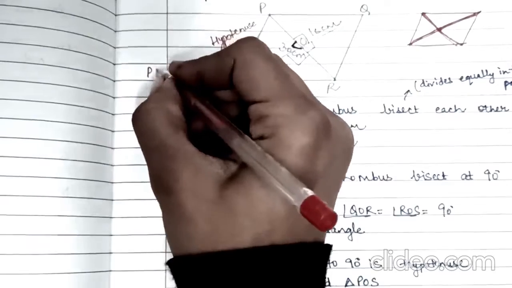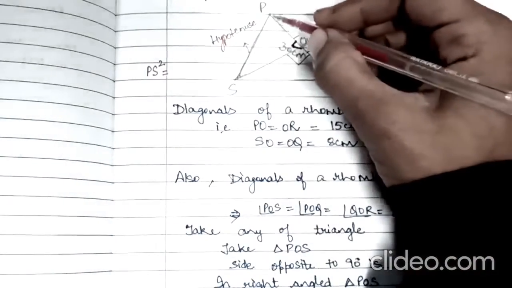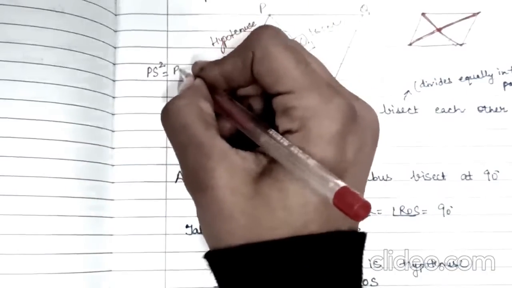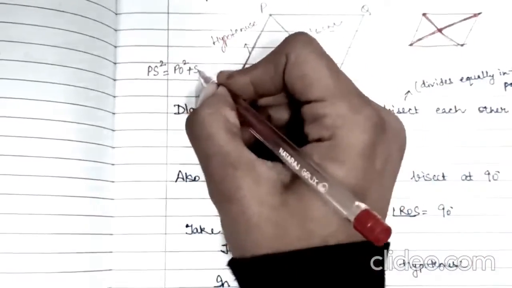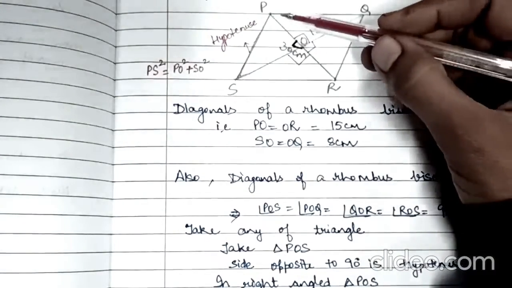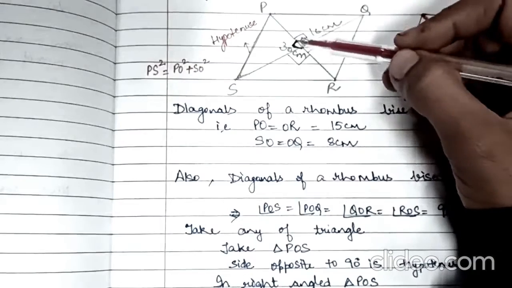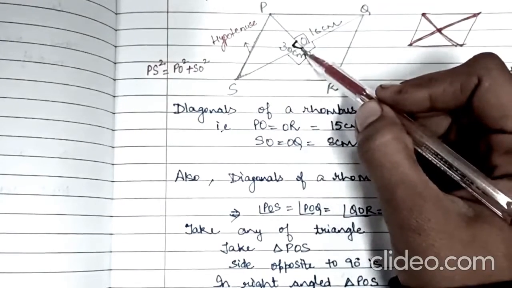So PS square is equal to PO square plus SO square. Now PO is 15 centimeter and SO is 8 centimeter.